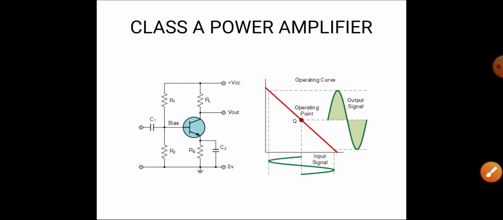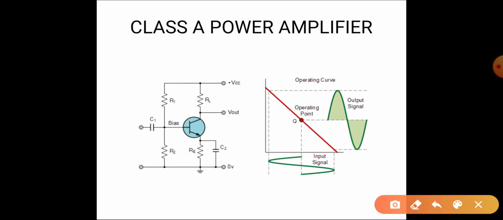The single stage amplifier we have seen earlier is nothing but a class A power amplifier, but the difference is that instead of a regular BJT, bipolar junction transistor, we have used a power amplifier here. All other things are the same.